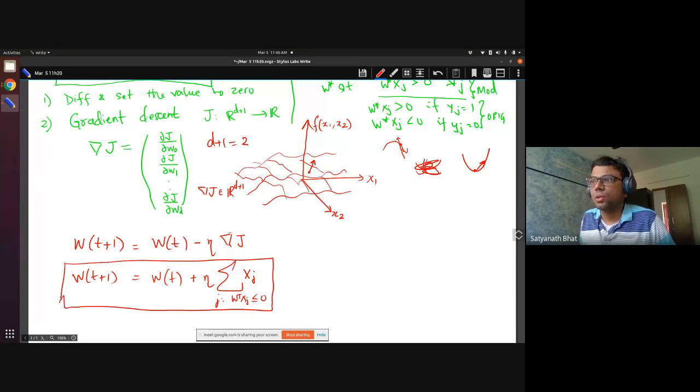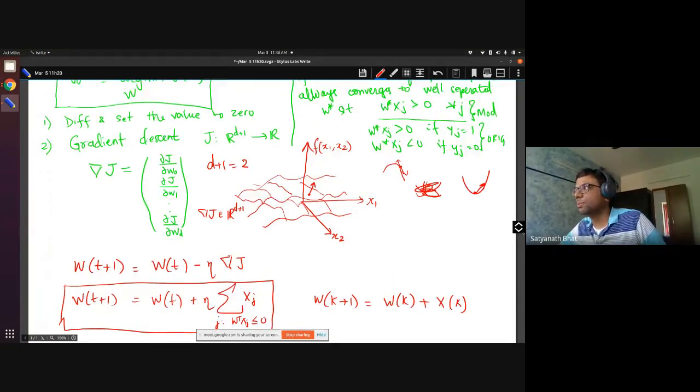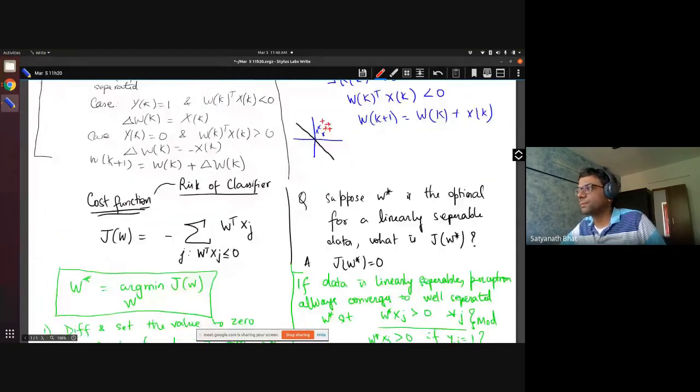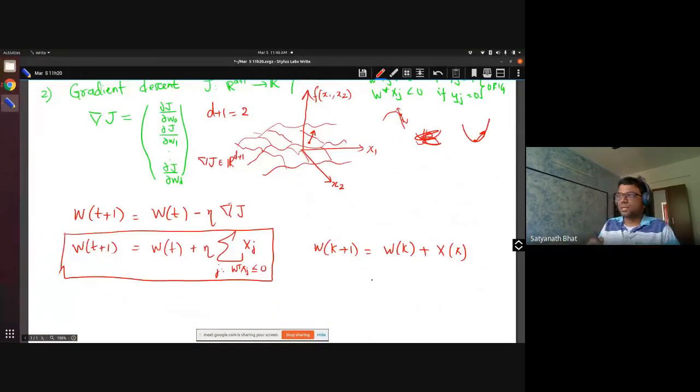Now this is what we will get if you use gradient descent. But in the perceptron algorithm, what we had was wk plus 1 equals wk plus xk. The modified perceptron algorithm, if we scroll to the top, you will see that this is what we had done. So this is the gradient descent, and this is perceptron.